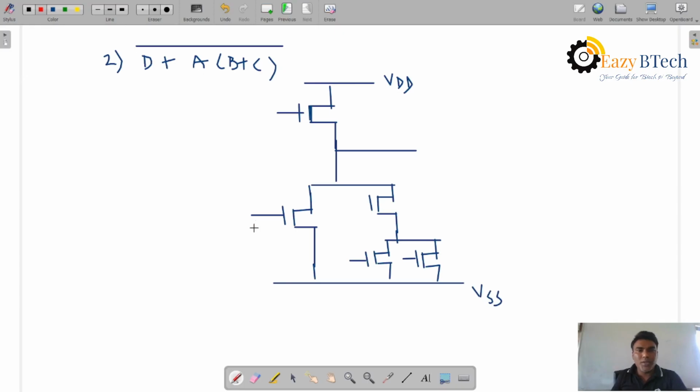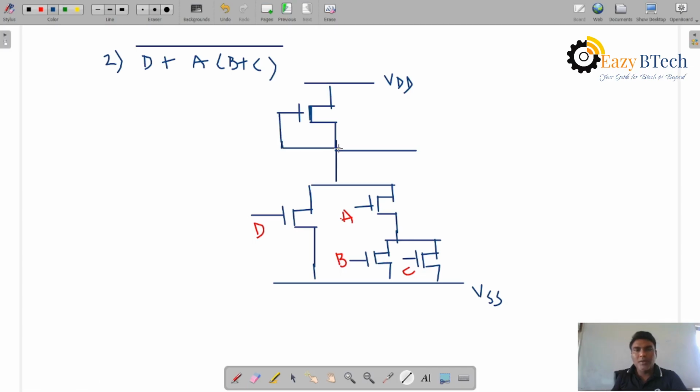What are the inputs here? This is D, and the input gate is A, and then B and C. The depletion mode transistor is short circuited here.